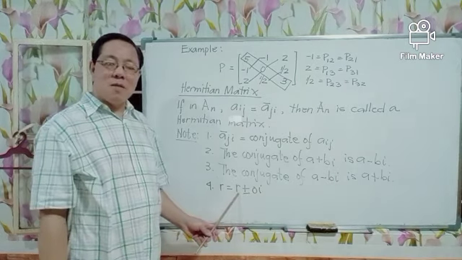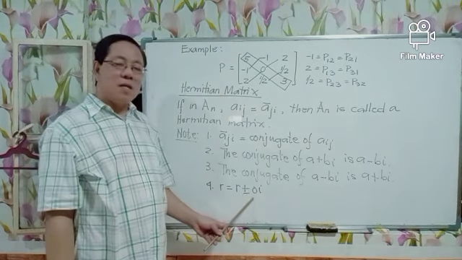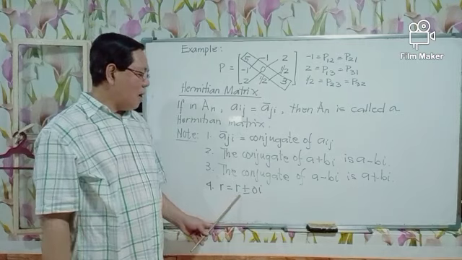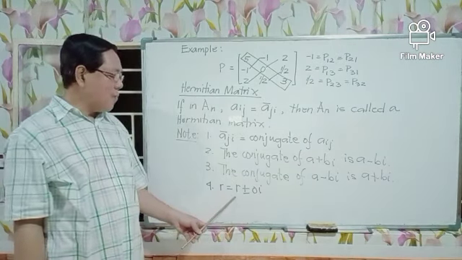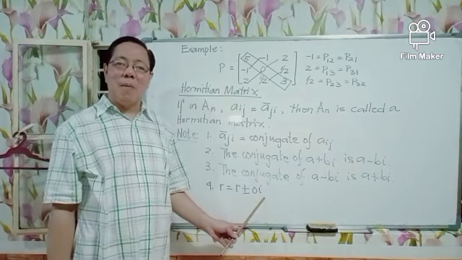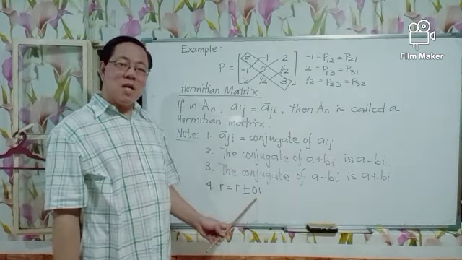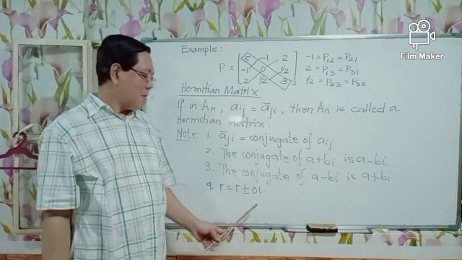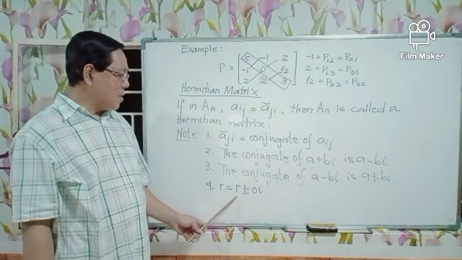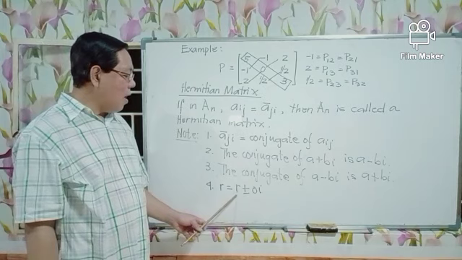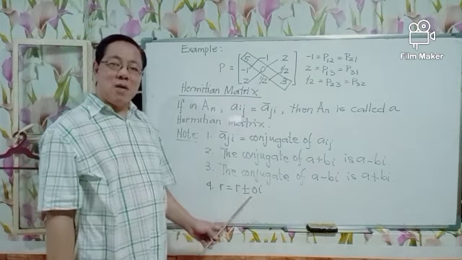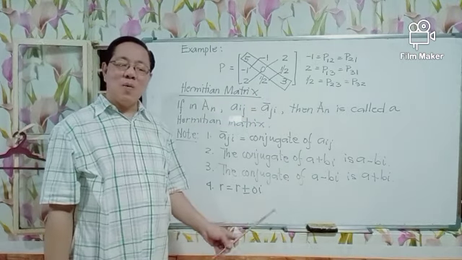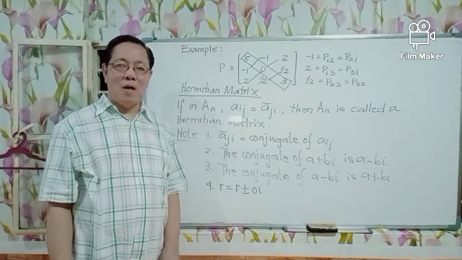So R now is the real part and the imaginary part is 0i. But R plus or minus 0i simplifies to R, so this complex number is actually a real number with imaginary part 0i. If you take the conjugate of R plus or minus 0i, it will be R minus or plus 0i, which simplifies to R.